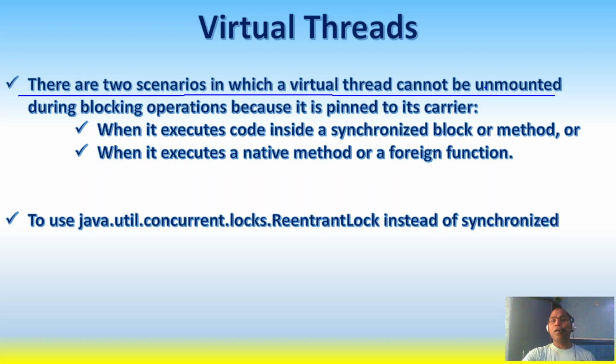Unmounting means your OS threads run your virtual threads, which are small, short-lived threads, by mounting them on the operating system, and once they are waiting for something, the thread is unmounted to heap memory. But there are two cases where the OS thread cannot unmount your virtual thread.